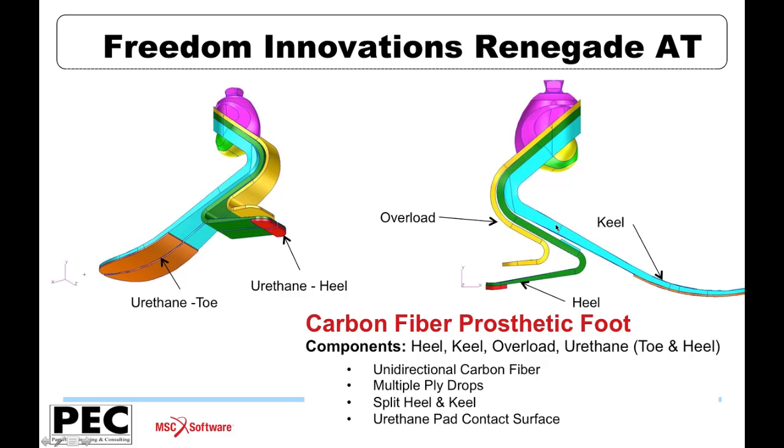You'll notice that there is quite a bit of thickness taper in this component and in some of the others, but it's very apparent, I think, in the keel component. And this is accomplished through progressive dropping of individual plies. This keel has something over 100 plies in it, and they're progressively dropped to thin or taper the cross-section of the component.